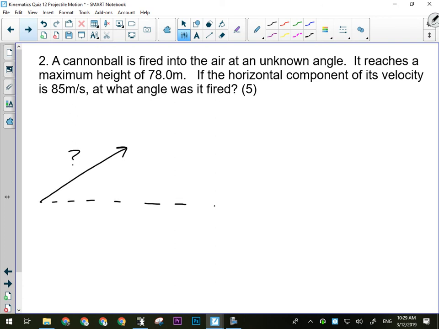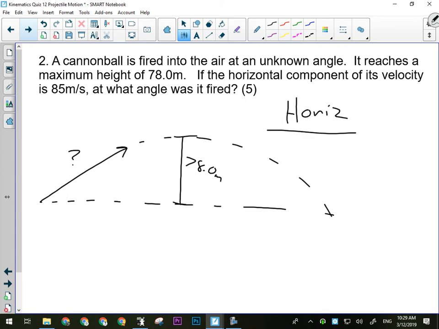All right, so for question number 2, we have a cannonball fired into the air at an unknown velocity and an unknown angle. So we've got this flight, and we know that it reaches a maximum height of 78 meters. Horizontally, we know that the horizontal component, so V horizontal, is 85 meters per second.